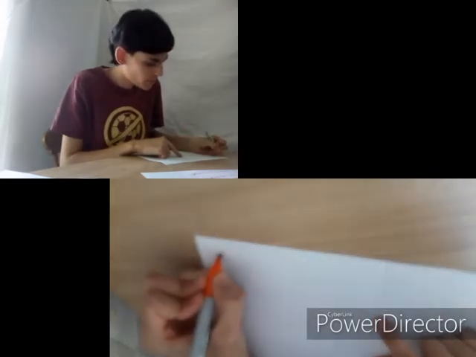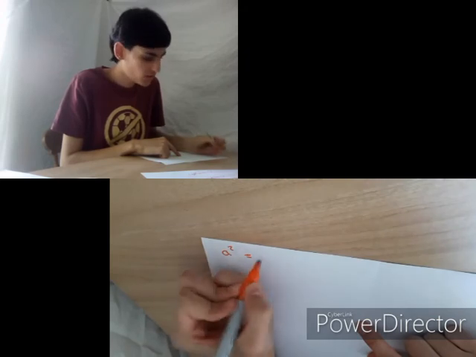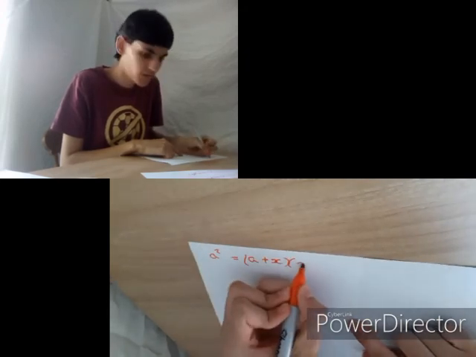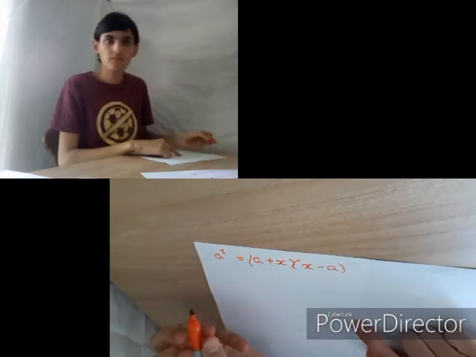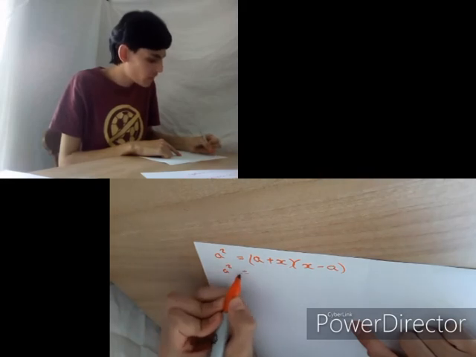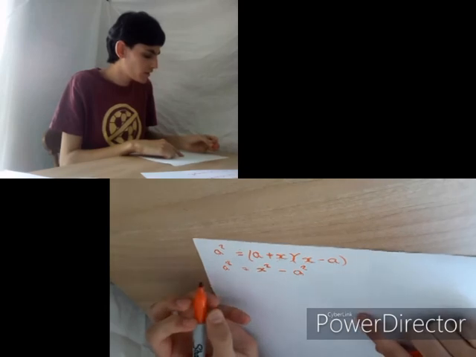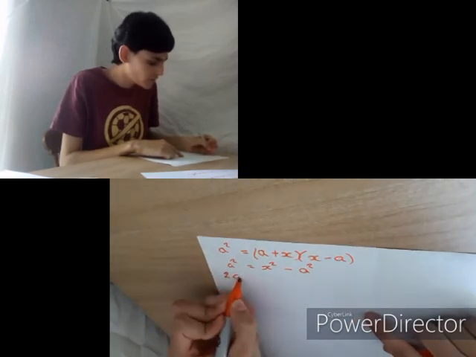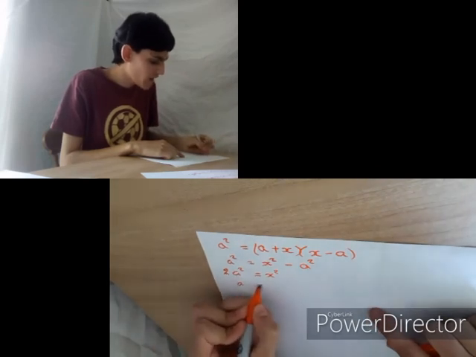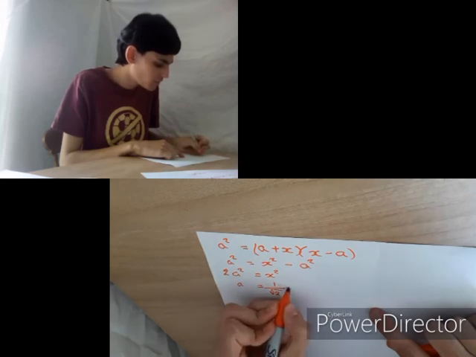We are left with A squared equals A plus X times X minus A. We can expand the brackets to get A squared equals X squared minus A squared. Rearranging and grouping like terms, we get that A is equal to 1 over root 2 times X.